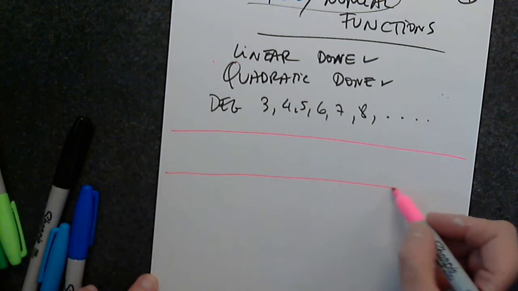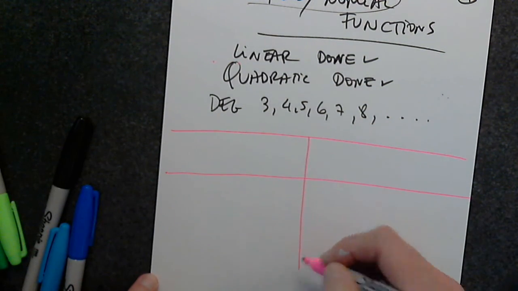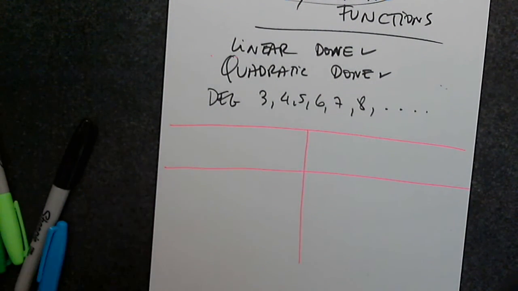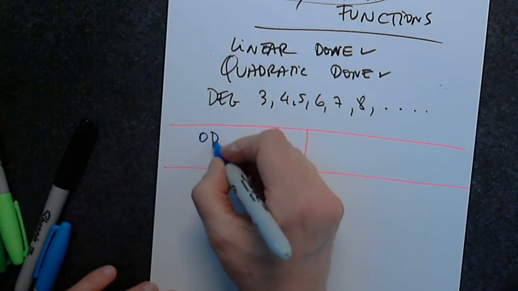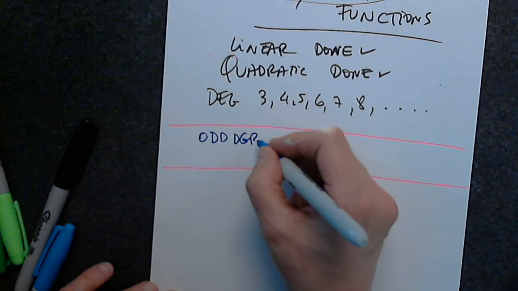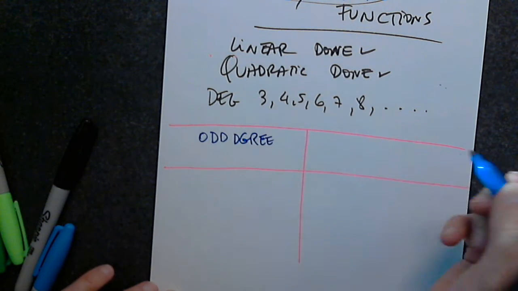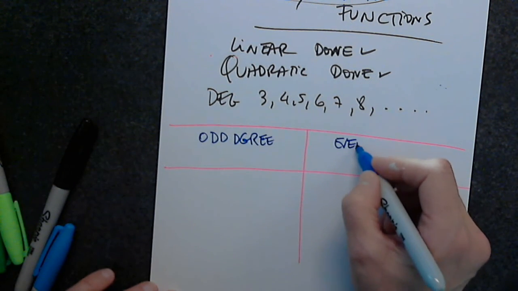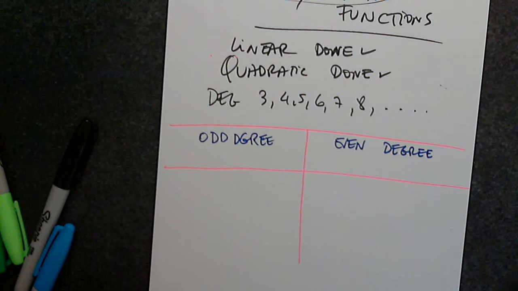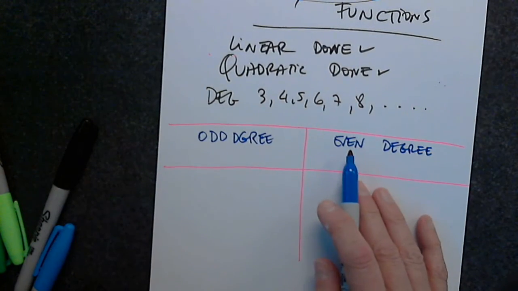I'm going to create a table. I'm not telling you what I'm talking about just yet. In a minute, we're going to fill this in. I'm going to put on the left-hand side odd degree. On the right-hand side, even degree. I'm not talking about odd functions and even functions.